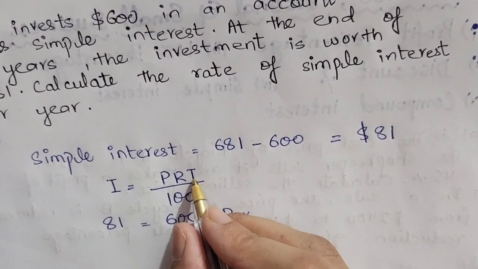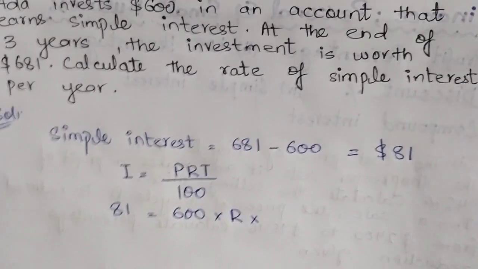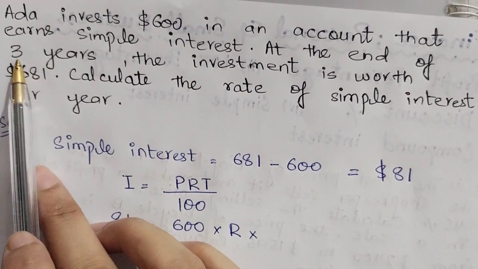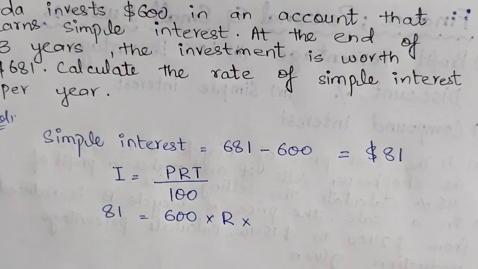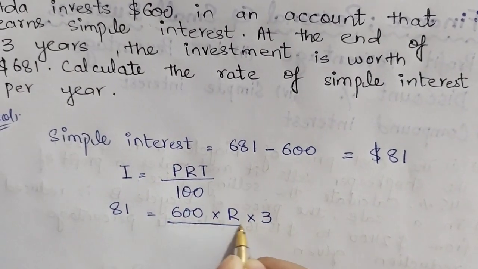Multiplied by T, the time period, which is 3 years, and divided by 100.